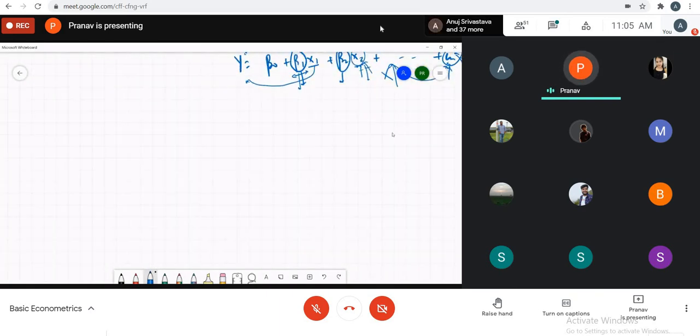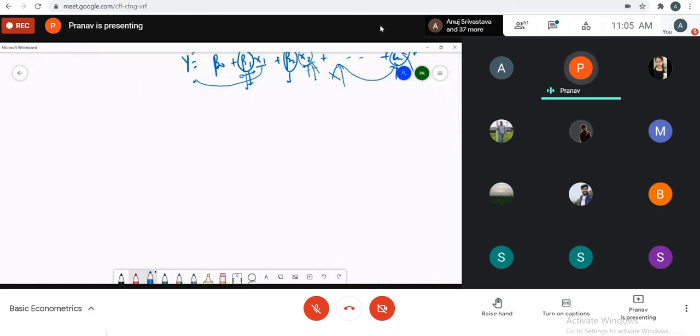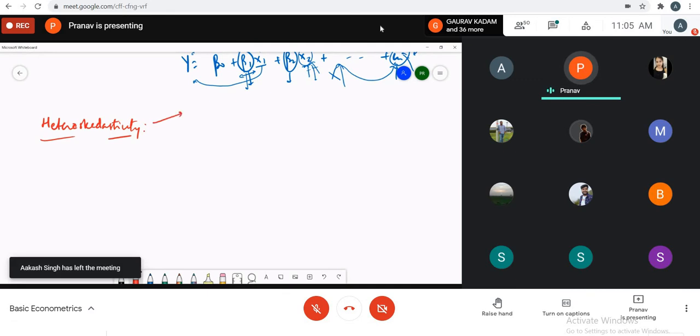What we intend to talk about here is, first of all, we discussed what heteroskedasticity actually is. One more thing that I forgot to discuss: what heteroskedasticity is, we have already discussed. The second thing is, once you know what heteroskedasticity is, the first thing is to detect it.